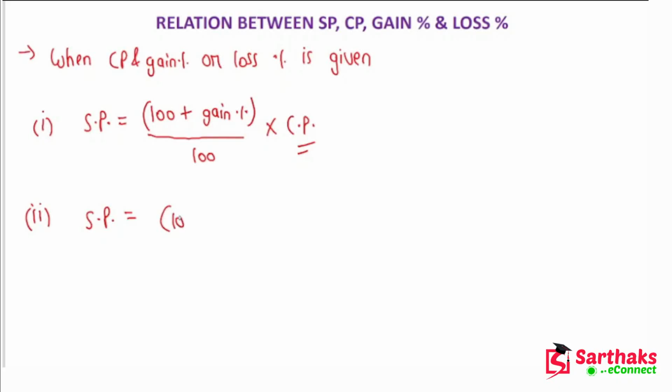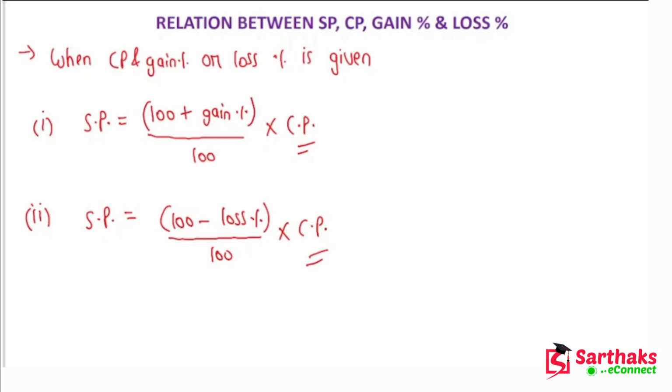That happens when you subtract the loss percent: 100 minus loss percent all upon 100. Even if the loss percent is just 1%, the numerator would be less than the denominator, and so selling price would come out to be less than the cost price. That is the relationship between SP and CP when gain percent and loss percent is given.